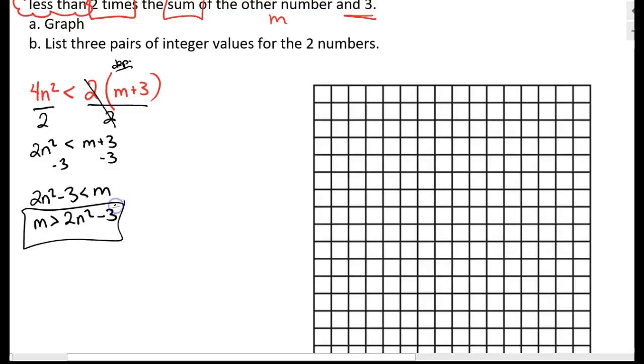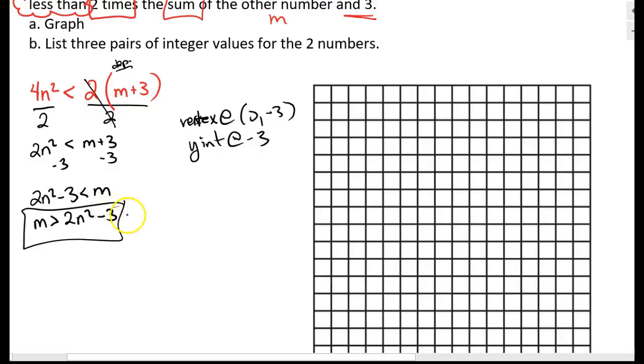Now I can graph this because, well, it's a quadratic equation. So I can identify my vertex, if we think about it in vertex form, would be 0 and -3. If we think about it in general form, my y-intercept is at -3.